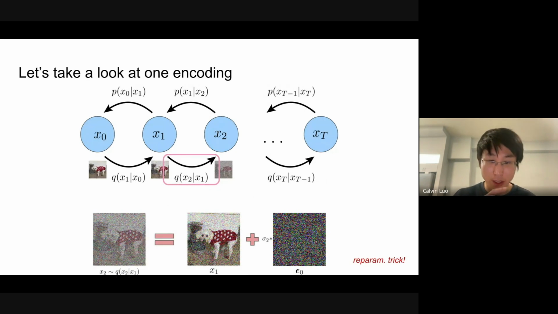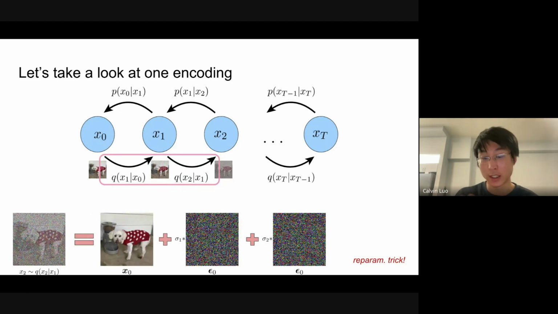So let's take a look at the transition from x1 to x2. Well, we can actually substitute in the x1 formulation, which is its own reparameterization trick, and we get the following. We get that x2 is written as the clean image x0 plus sigma 1 times epsilon 0, right? That's x1, plus sigma 2 times epsilon 0.